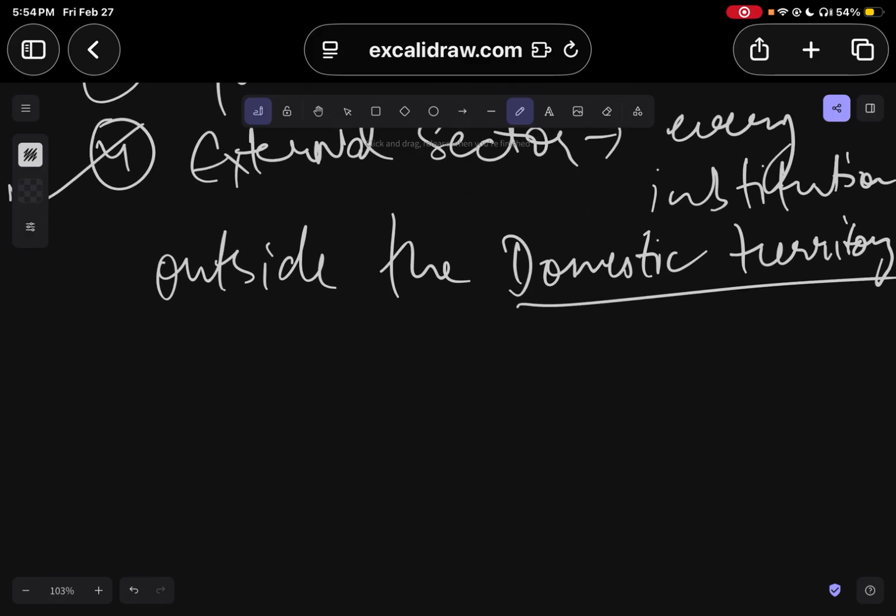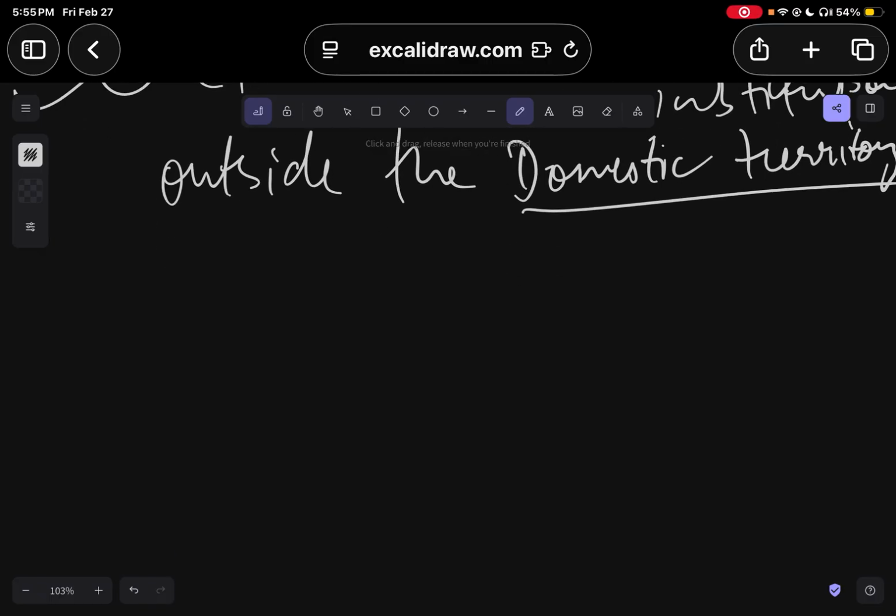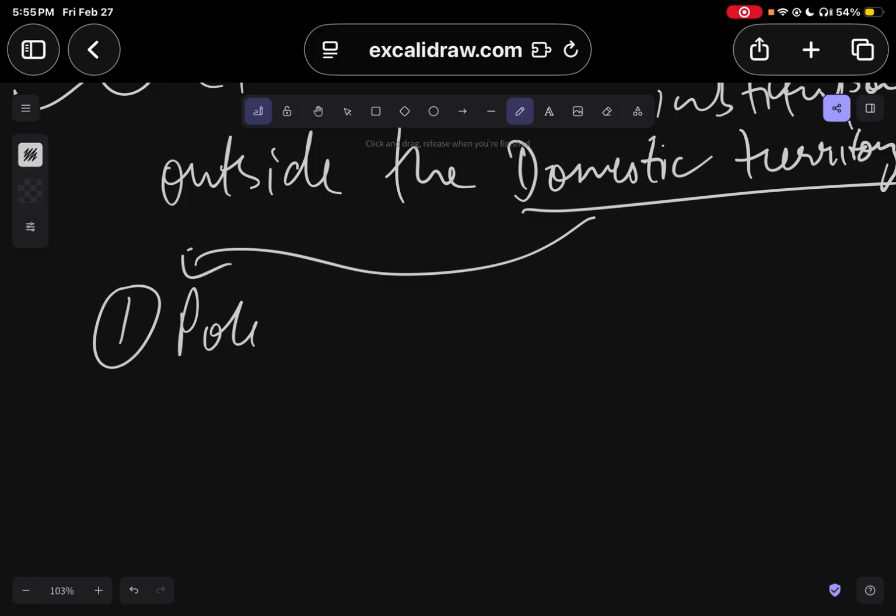Now let's talk about domestic territory. Domestic territory or economic territory includes, first, the political boundary, which includes all land and sea boundaries.